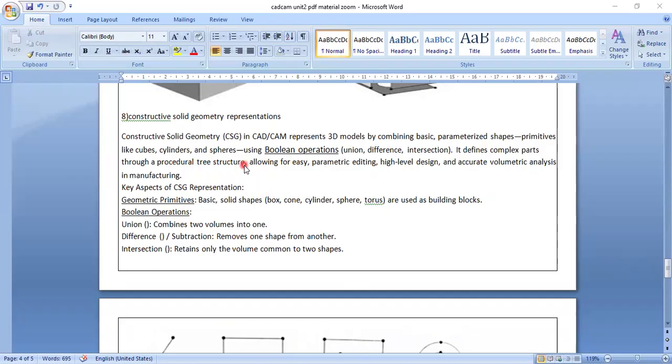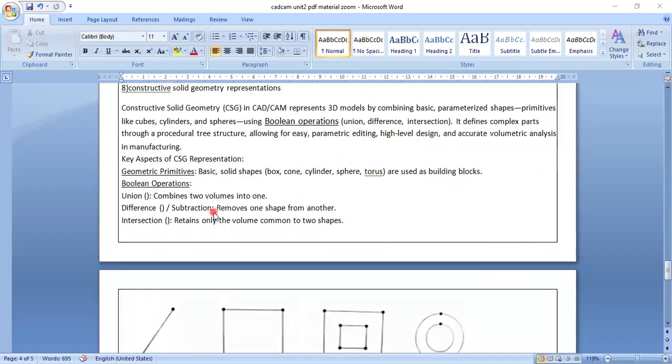You can form cubes, cylinders, and spheres here using Boolean operations: union, difference, intersection. It defines complex parts through a procedural tree structure, allowing easy parametric editing, high-level design, and accurate volumetric analysis in manufacturing. So here you can see this is union. Union means combining two volumes into one volume. Difference removes one shape from another shape. Intersection retains only the volume common to the two shapes. This is the explanation.